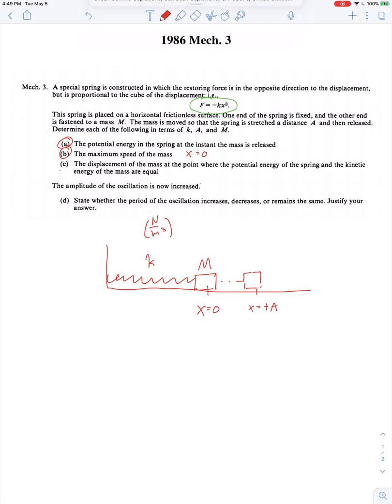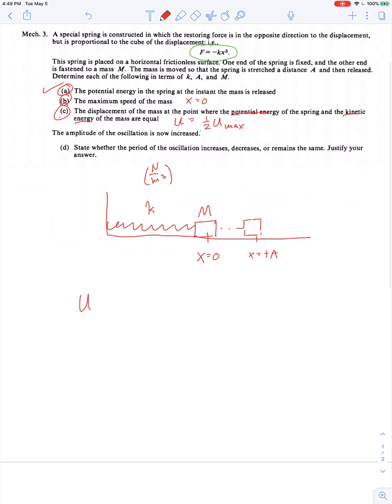Lastly, we want to determine the displacement of the mass when the potential and kinetic energies are equal to one another. That's equivalent to saying that the instantaneous potential energy is 1/2 of the maximum potential energy. The only way potential energy and kinetic energy could be equal is if they're both 50% of the maximum energy. So let's do part A first.